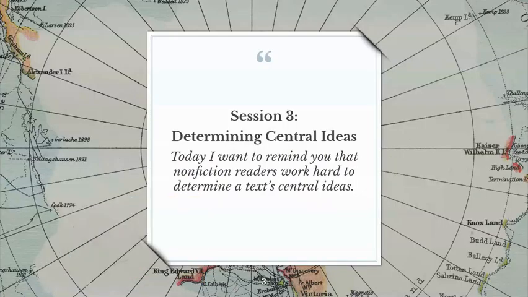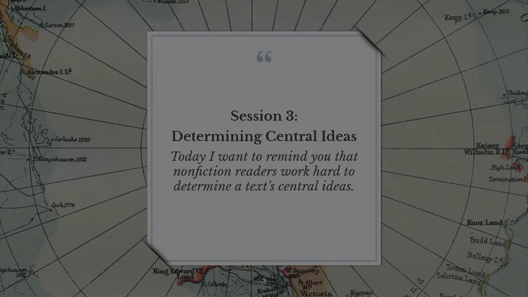All right, let's get down to the mini lesson. Session 3 is about determining central ideas. I think I told you to put determine central themes on your table of contents, but it's actually determining central ideas. This is hard work, figuring out a central idea of a text. You have to read closely, reread, and think to make some connections.